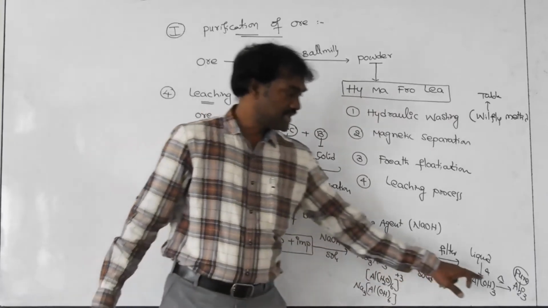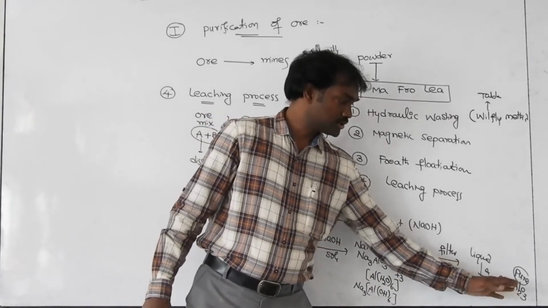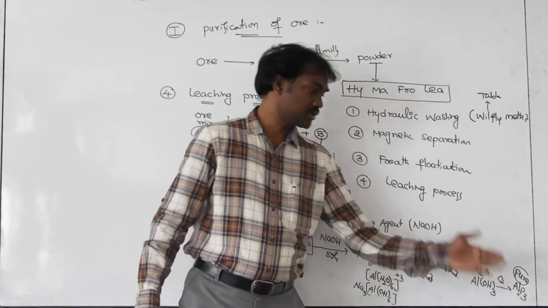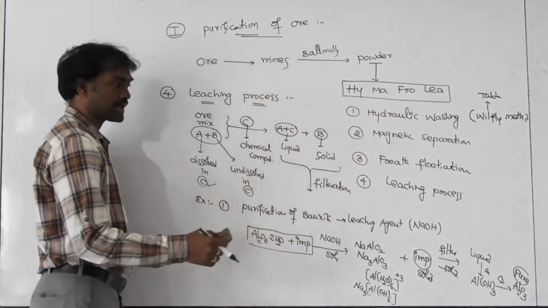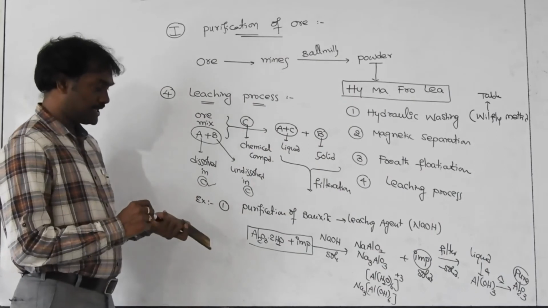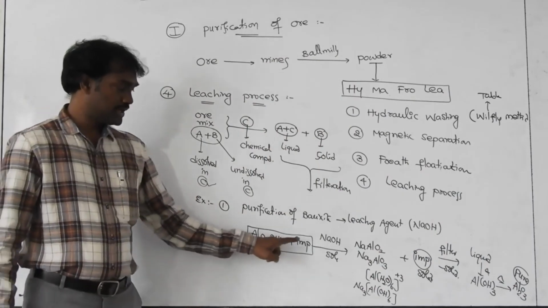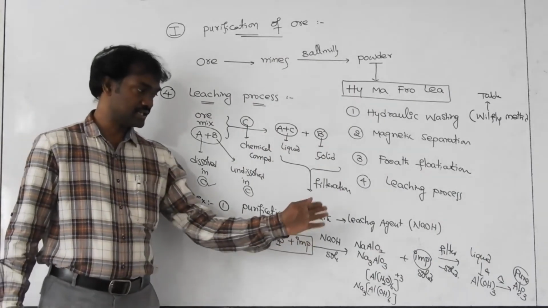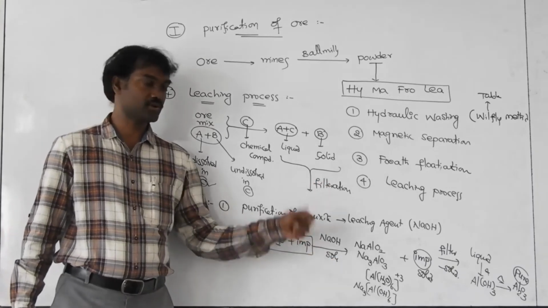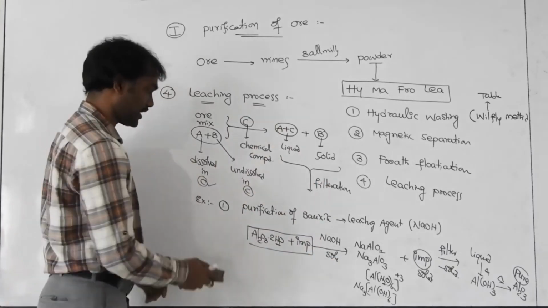This Al2O3 is in solid form with liquid again, so you can separate it by filtration. The main condition in the ore and impurity is that one is dissolved and the other is not. That is the basic point for the leaching process.